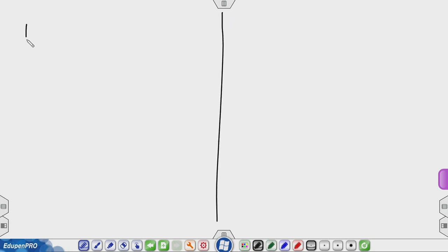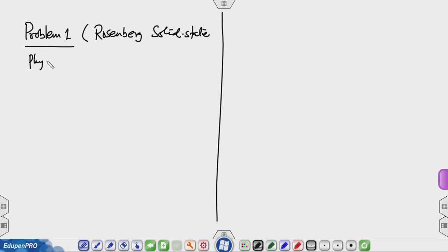Problem 1. This is taken from Rosenberg, Solid State Physics.